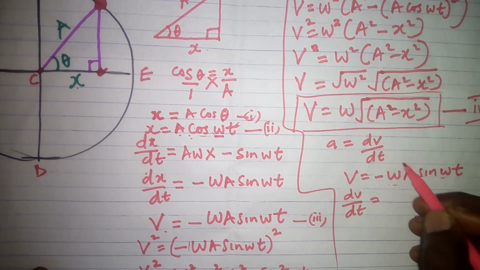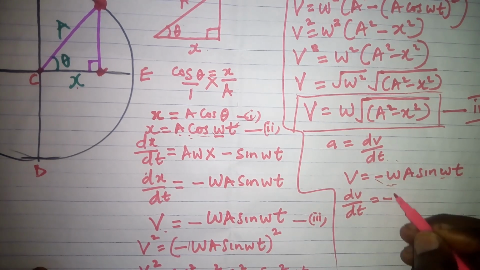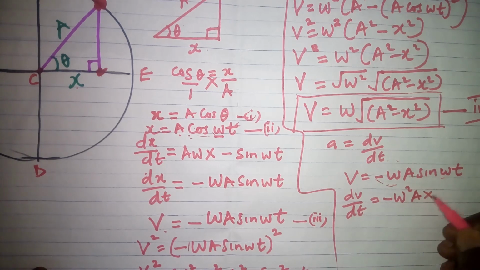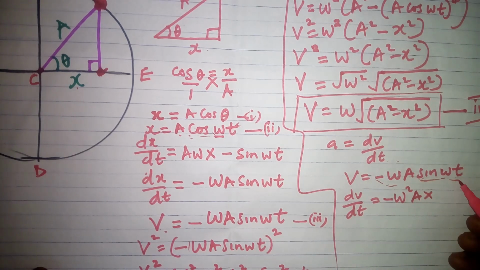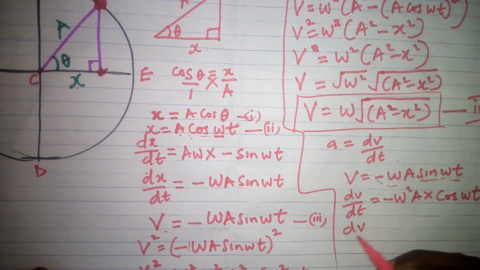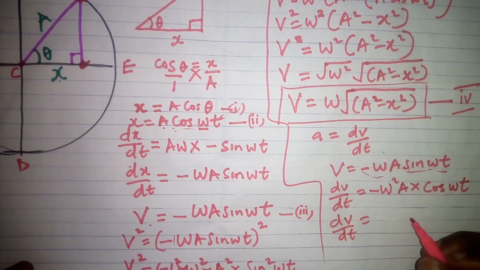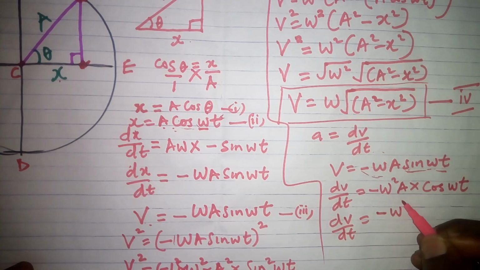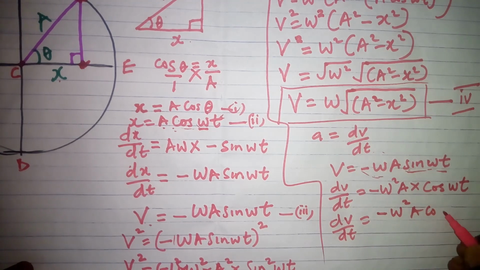So omega times everything here gives me minus omega squared a, then times, if I differentiate this, I get cos omega t. So I now have dv/dt will now be equal to minus omega squared a cos omega t.